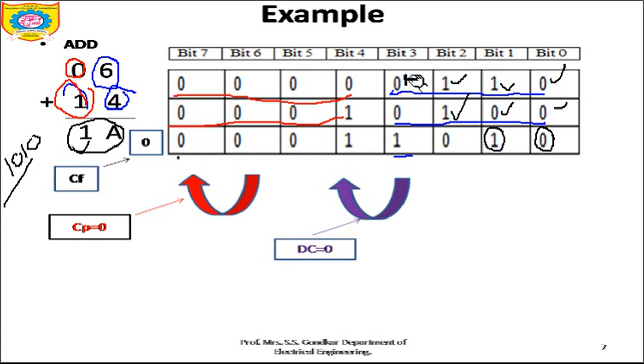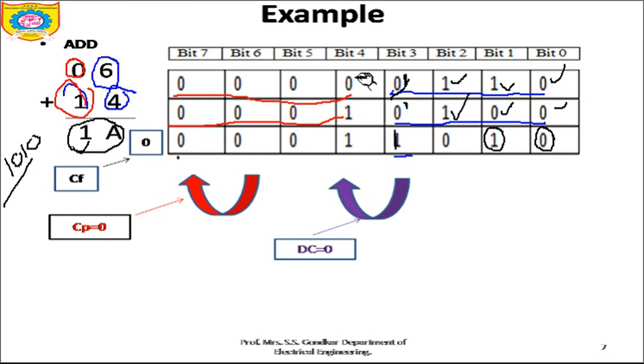Then 1 plus 0 is 1, and this 1 plus 0 is again 1, so you got 1 here.